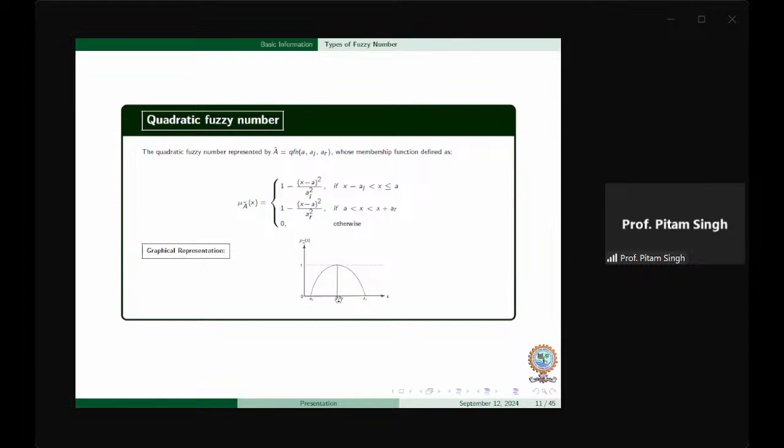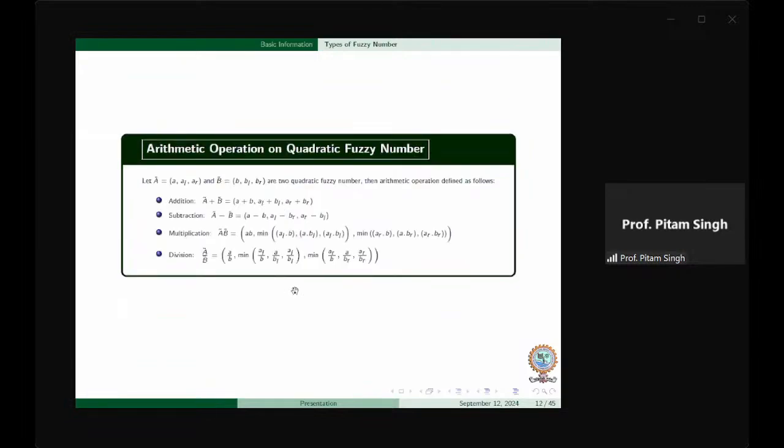It is the same, so it is quadratic, 1 minus this. So for this quadratic part, and similarly for the right part, like a parabola representation, we can consider this equation for this and this. Arithmetic operation.